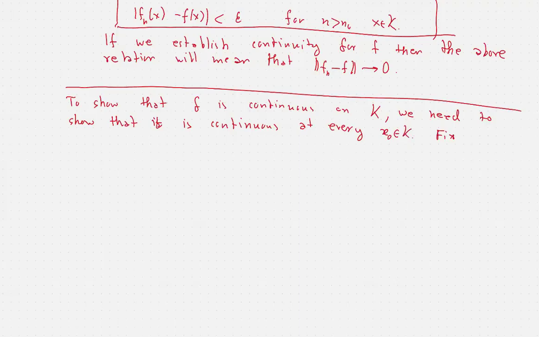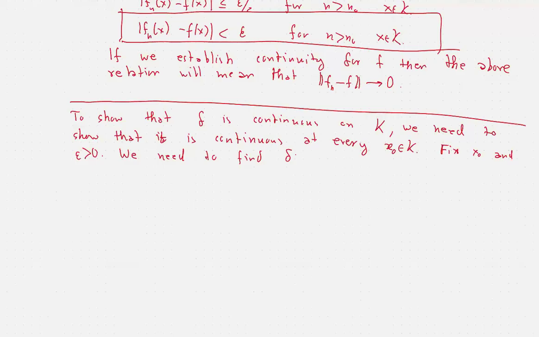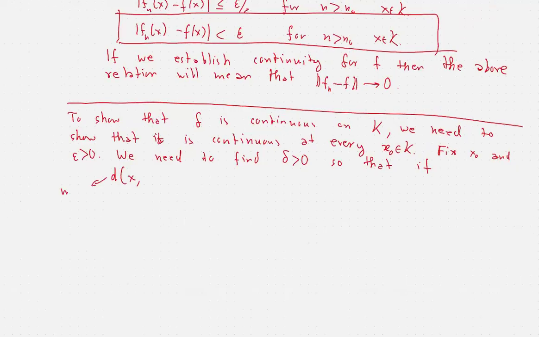And epsilon greater than 0. We need to find delta greater than 0, so that if d, and this is the first time that we allude to the metric of K, so this is the metric on K, d of x comma x naught is less than delta, then f of x minus f of x naught is less than epsilon.